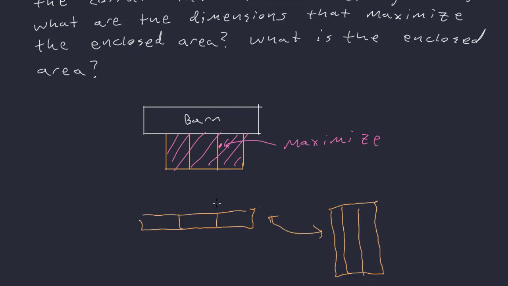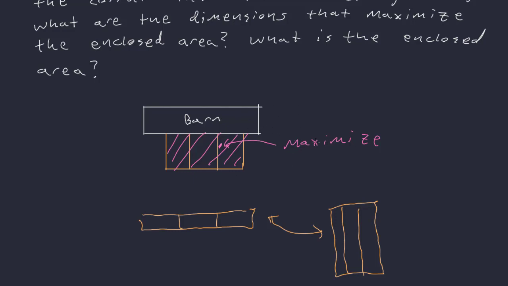Each one of these possibilities in between is going to give us different areas, right? So we want to find the situation that will give us the maximum area within our corrals. And then it asks, what is that enclosed area?